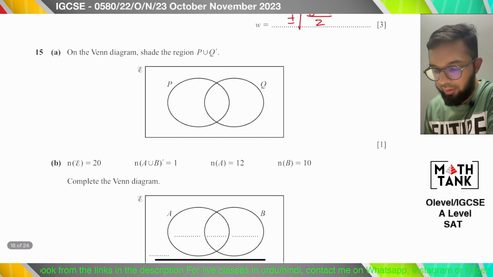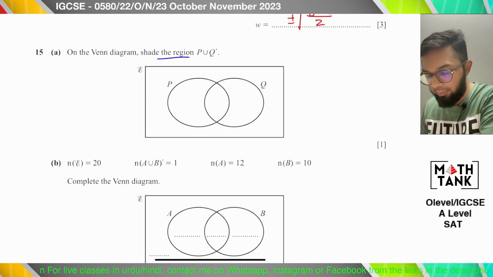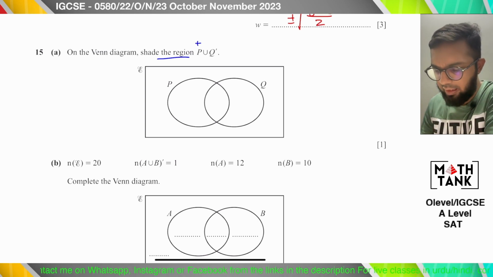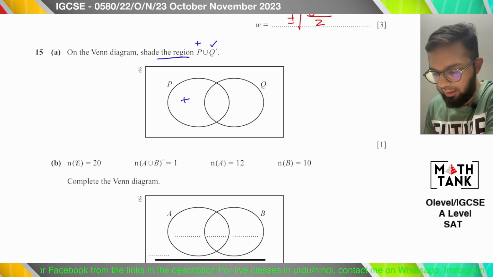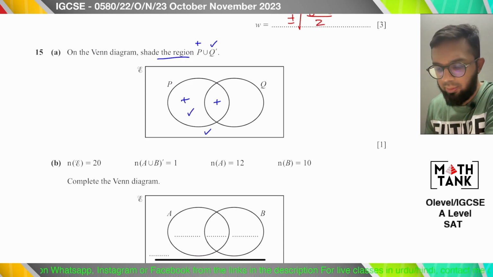On the diagram, shade the region P union Q complement. So whenever I have these things, I use my symbols. I will use a plus for P. So I put a plus. I will use a symbol for Q prime or Q complement. I'm going to say that it's the region outside Q. So these are the regions. What do I want to shade?